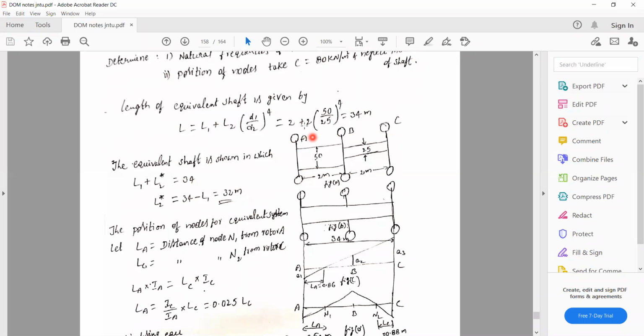A is rotating clockwise, B anti-clockwise, and C clockwise. That type of rotation is in our system.